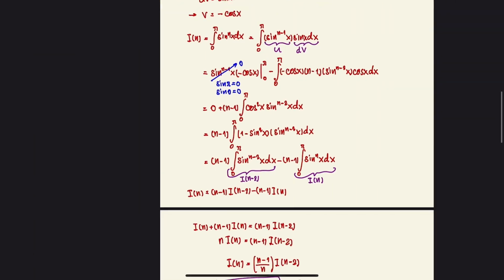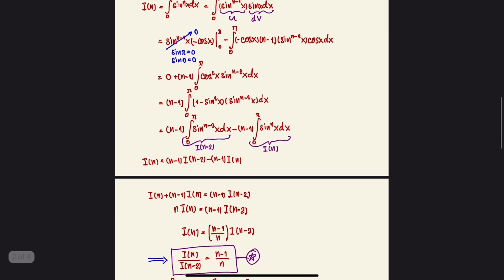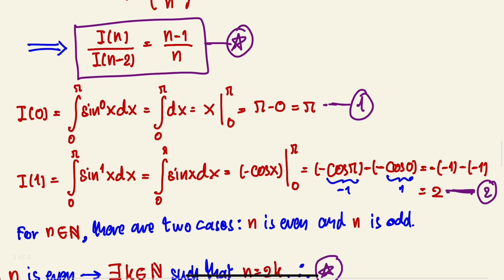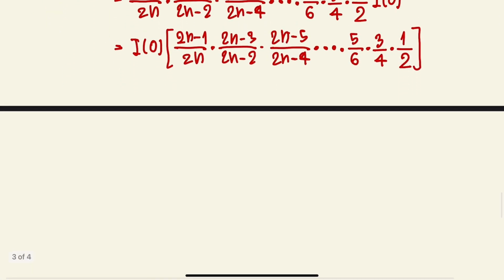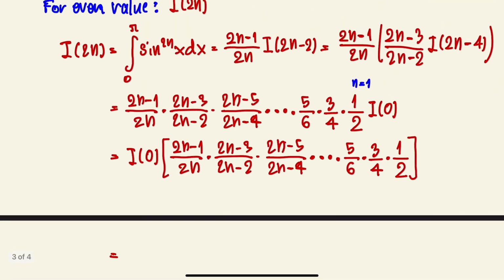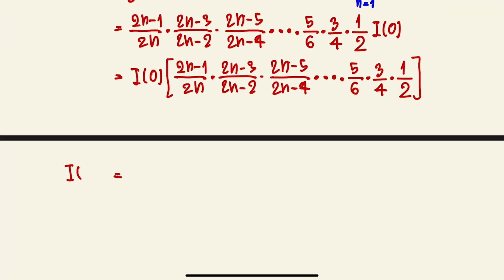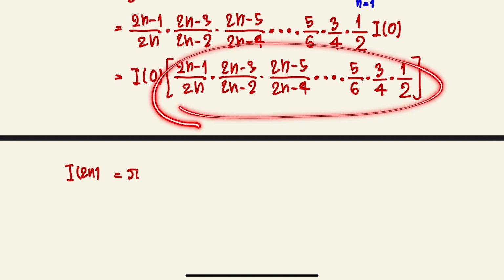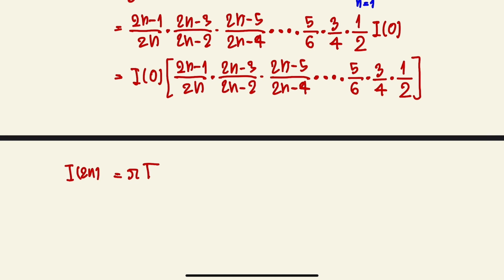According to equation 1, it is pi. So I of 2n is going to be pi times the product from k equal to 1 to n of 2k minus 1 over 2k.